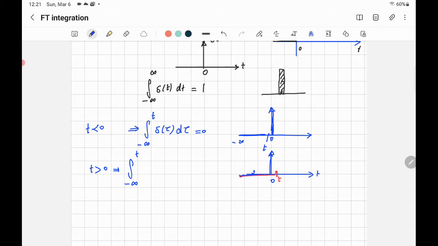Once you cross, you include the integration of the impulse, which is equal to 1. So in this case, the integration will be equal to 1, because you included the area of this impulse.